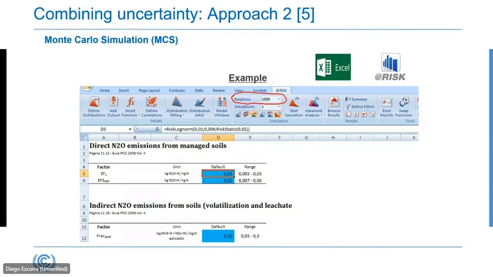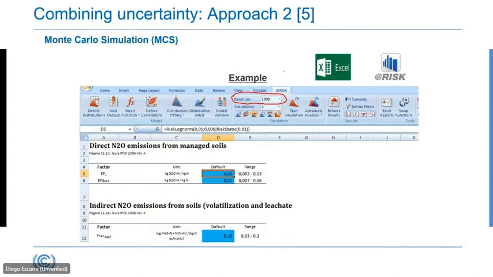Going back to the presentation, this is where we tell the system how many iterations we would like to do. What's the implication here? If we run very few simulations, we may not have enough data to really understand the random behavior of the result.